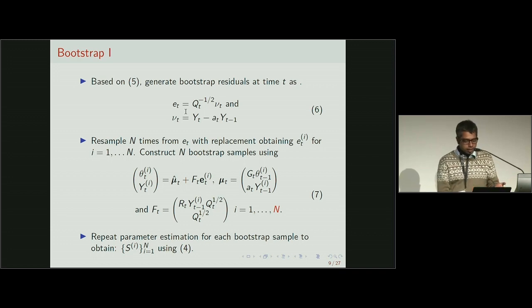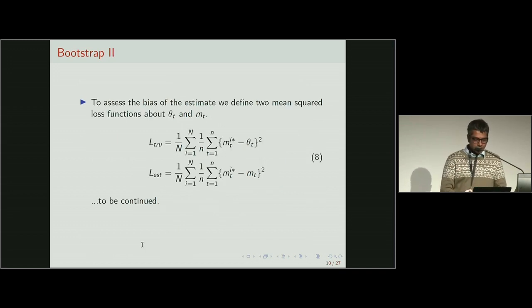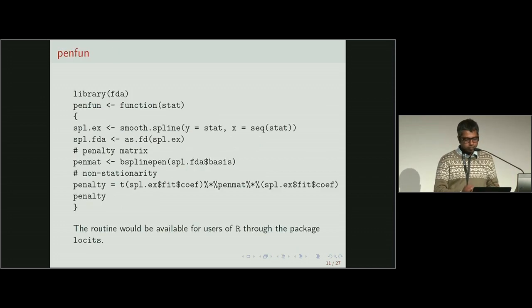Then for each data set you can construct your mean function, or the posterior mean function. From the posterior mean function, you can have the GT. From GT, you can construct the non-stationarity measure. And you can repeat this as many times as you want, and based on those bootstrap replicates, you can construct confidence bands or histograms, or you can study the uncertainty of the non-stationarity measure in your time series. Okay? And we can do some more. We can study the mean squared errors as is commonly done, and so on and so forth.